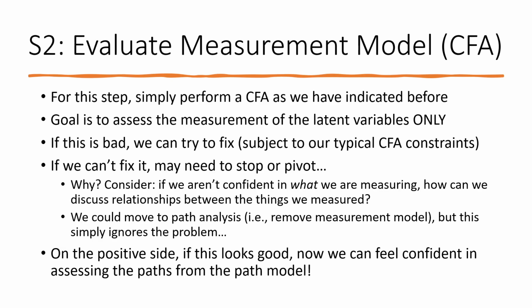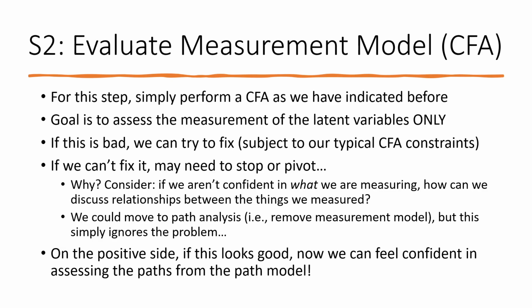On the positive side, if the measurement model looks good, then what you're saying is that when we're not accounting for the paths, when we're just looking at the measurement, things are great. So if things break later on when we add in the paths, we can tell that it's not because of the measurement, it's just because of the paths. We like a good measurement model because it serves as our foundation.